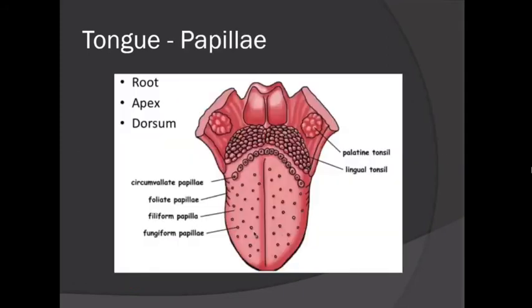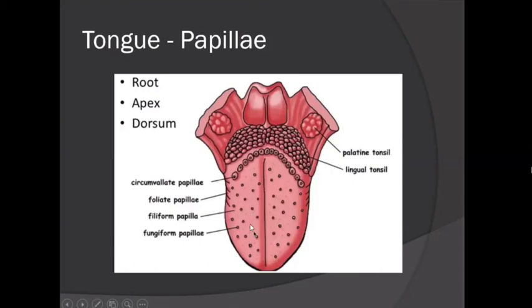One very important function of the tongue is taste, and the taste is because of the taste buds present in the papillae. There are different types of papillae in the tongue. Some are hair-like, which we call filiform papillae.